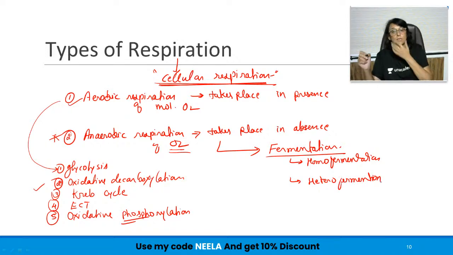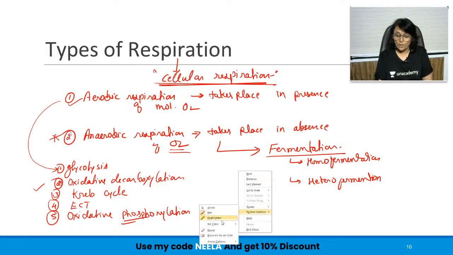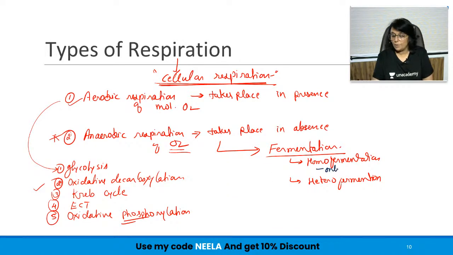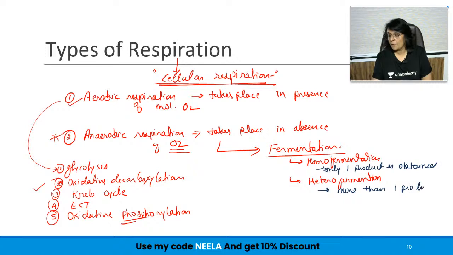Now what is meant by this? Homofermentation is when only one product is obtained. But if you are talking of heterofermentation, then more than one product is obtained.